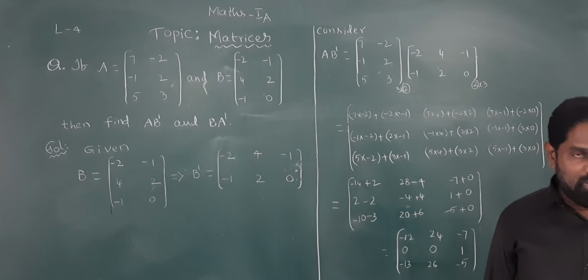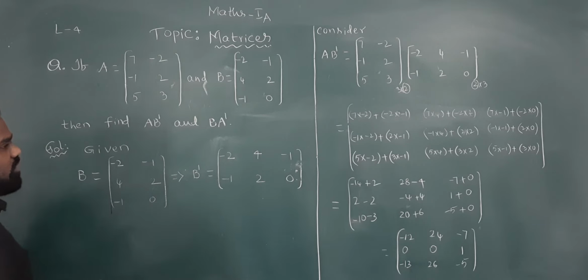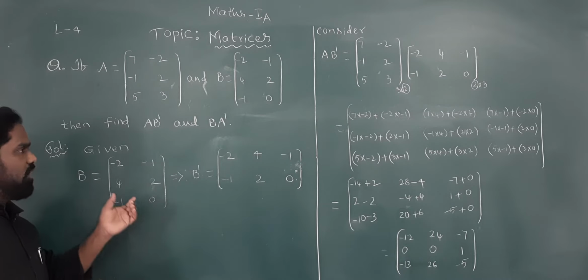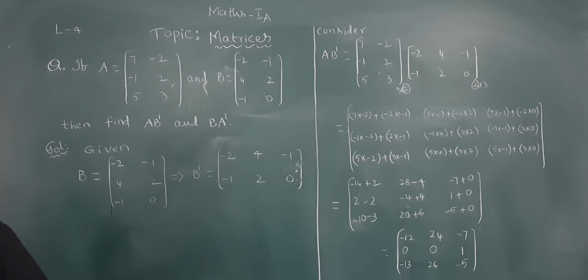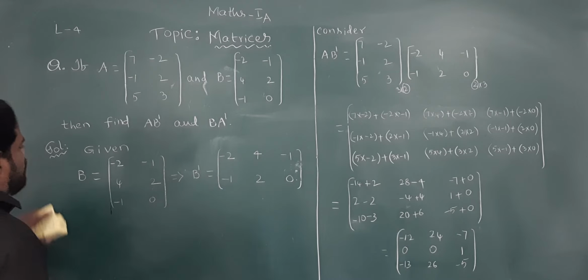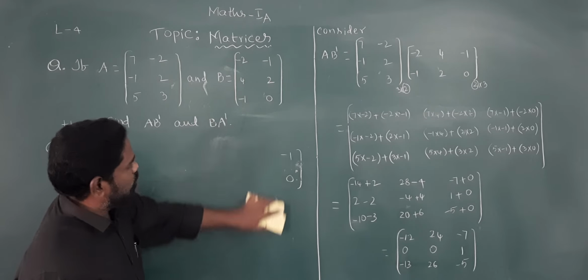Let us go for B into A transpose. Understand how to find A into B transpose? In the same way, we are going to find the value of B into A transpose. Let us see how we find the B into A transpose value.